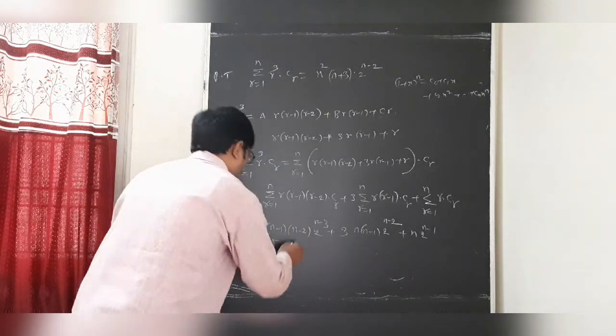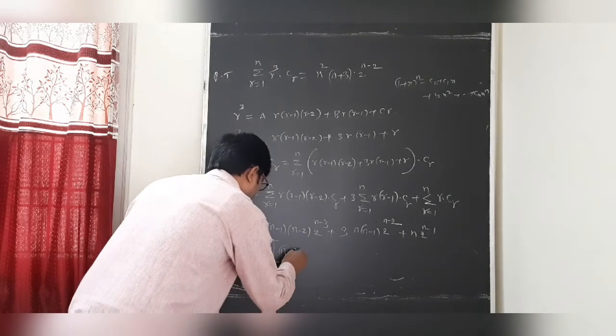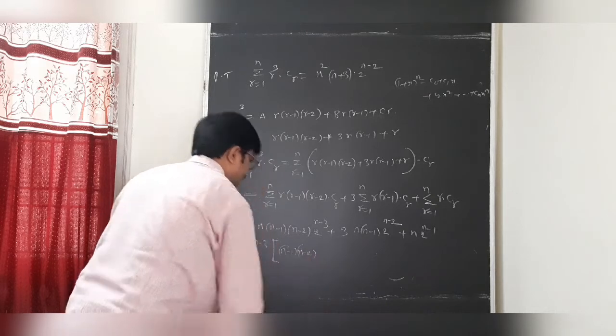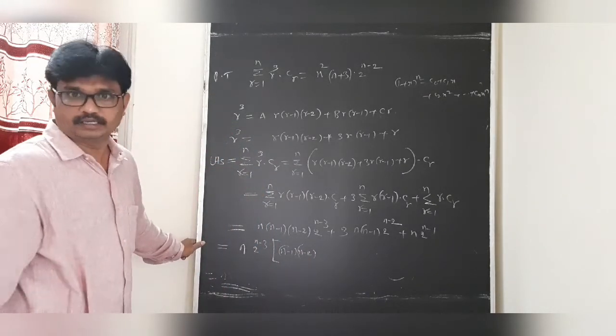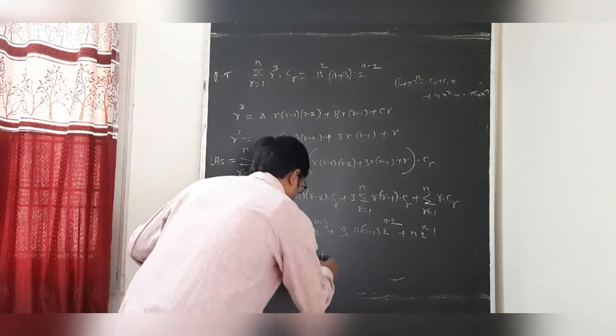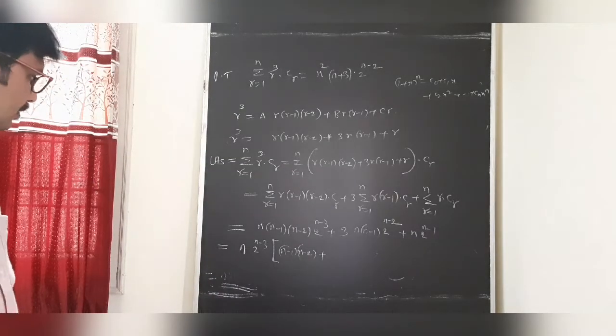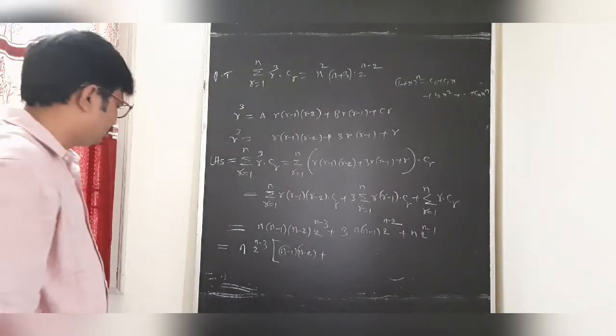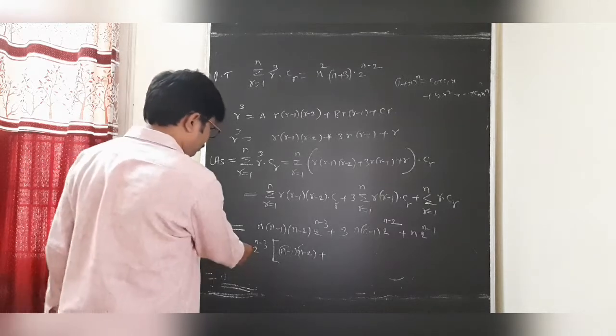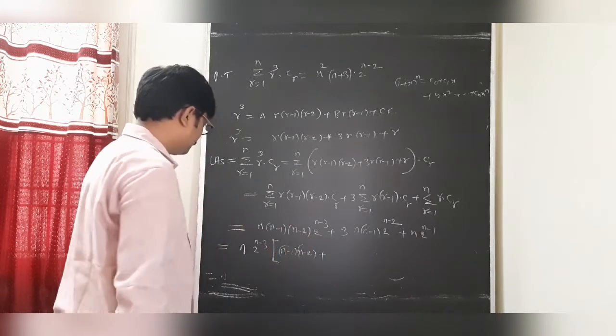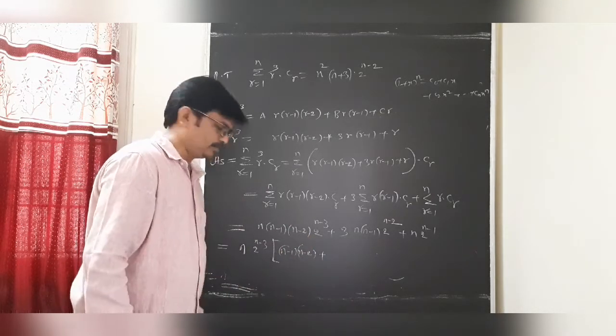So dear students, what is remaining? n minus 1 into n minus 2. We are taking the common factor n into 2 power n minus 3. Here remaining n minus 1, n minus 2.